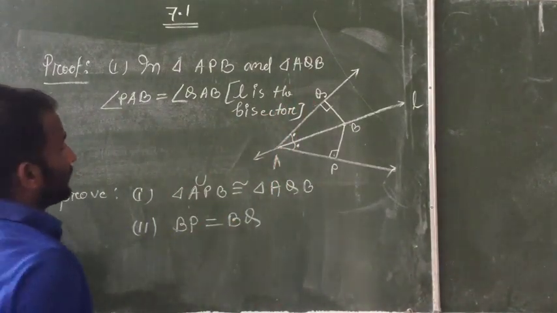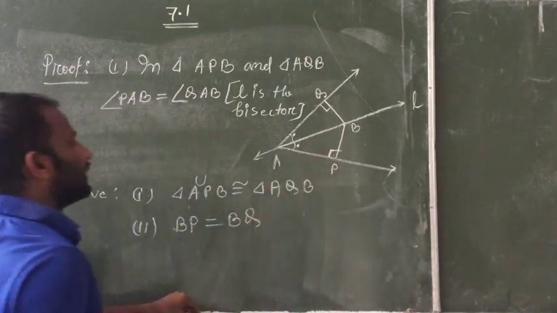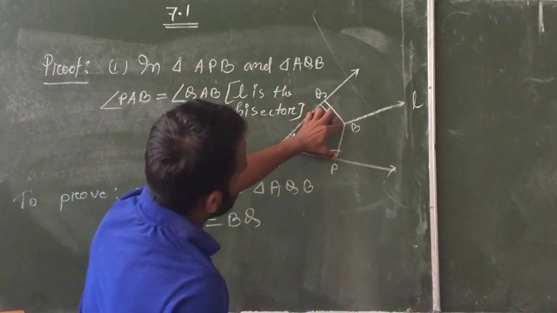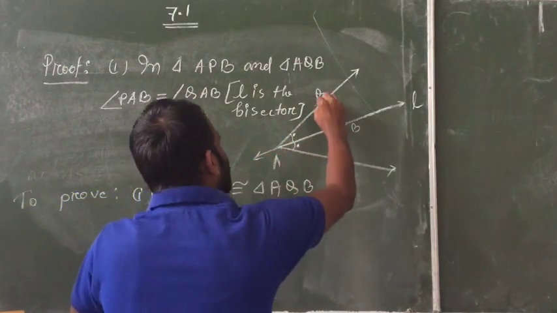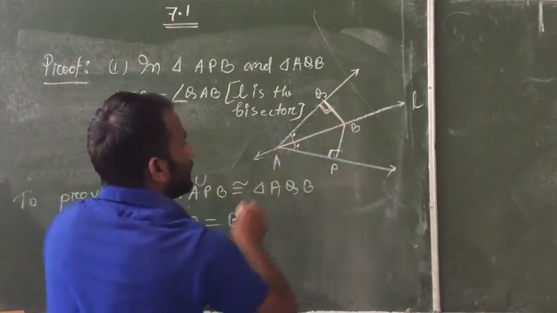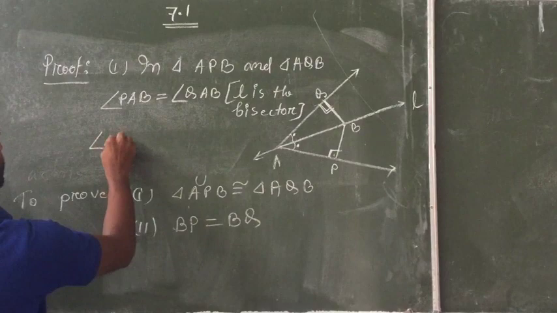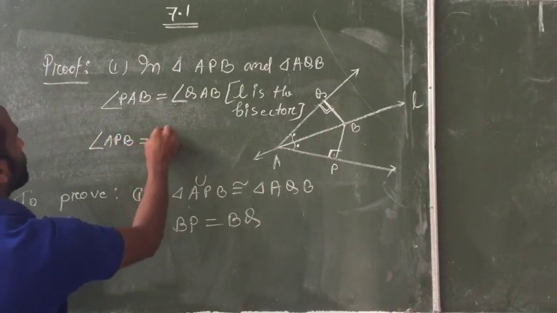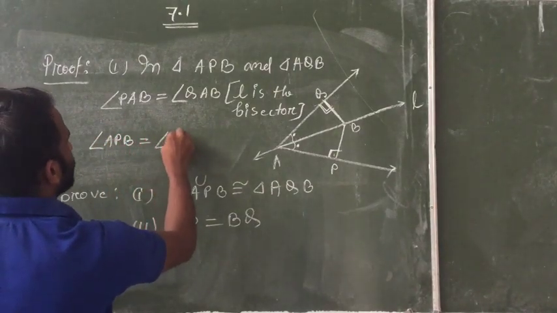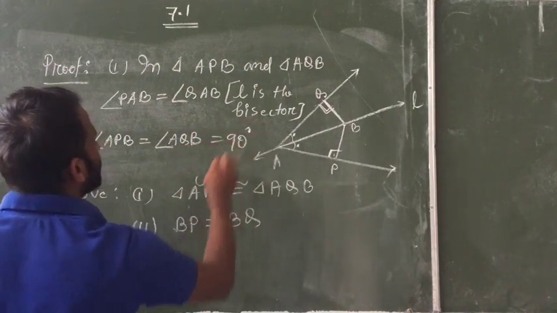Next, in this triangle, this is 90 degrees because BP is perpendicular here, and in this triangle BQ is perpendicular, so these two angles will be 90 degrees. Angle APB is equal to angle AQB, both are 90 degrees.